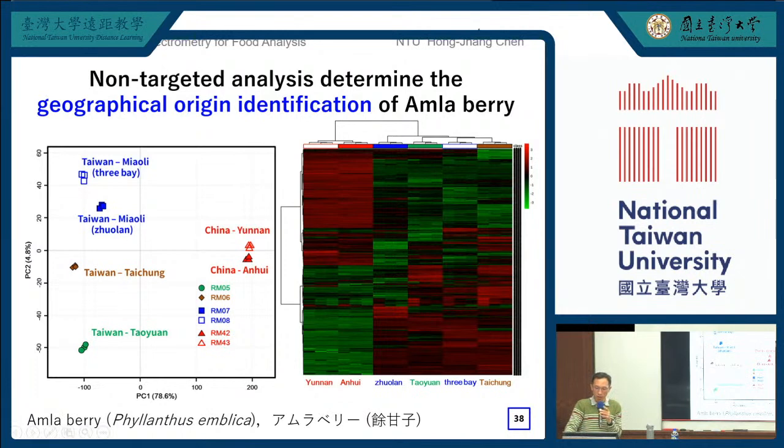Of course, we can do the HCA to do that. This is China. Okay, this comes from China. So the China sample is very different from Taiwan, right? And the Taiwan sample will divide into Taoyuan, Miaoli and Taichung. Okay, so it's a very interesting technique to detect the geographical identification of agricultural material.